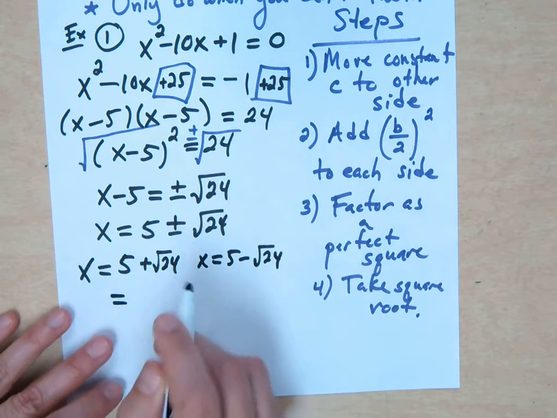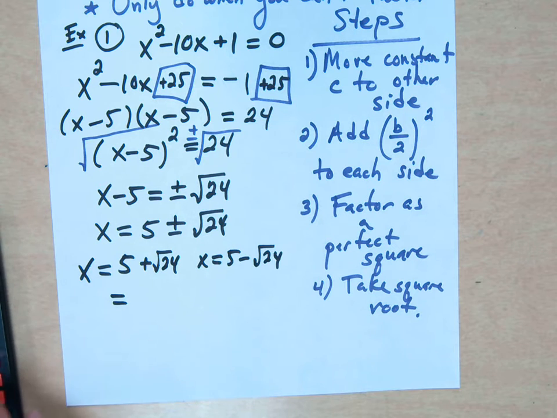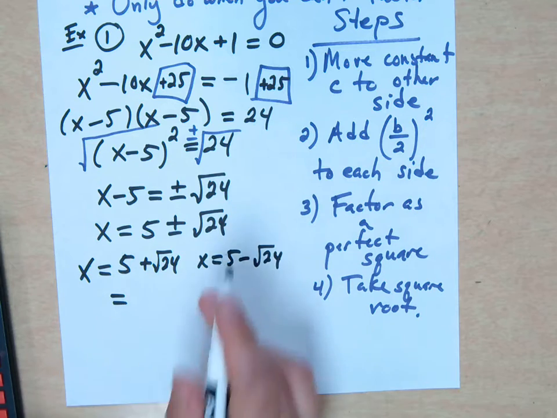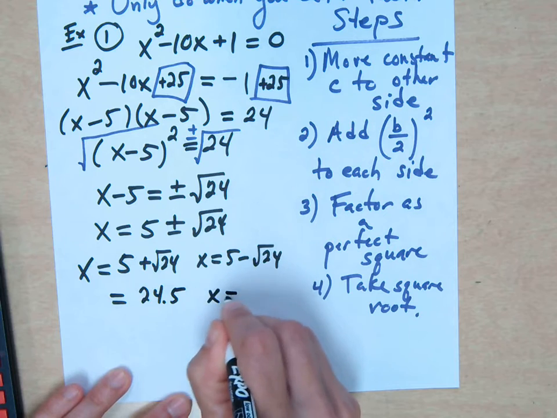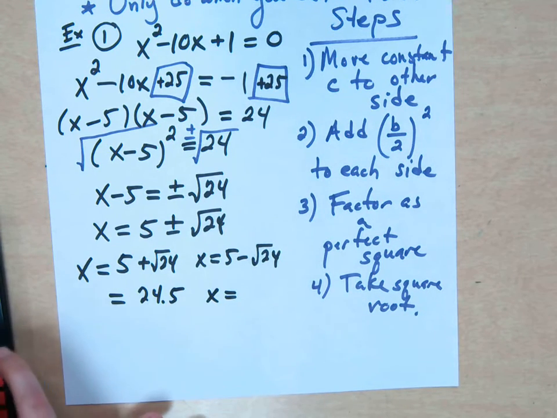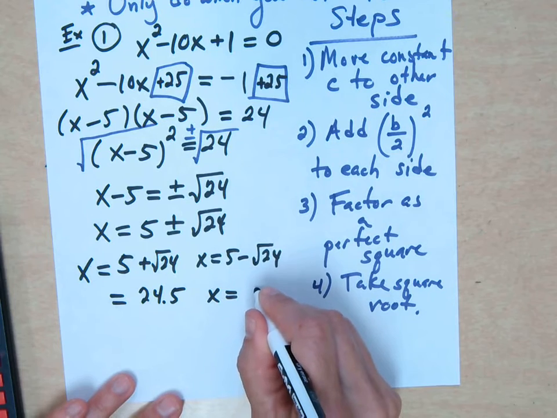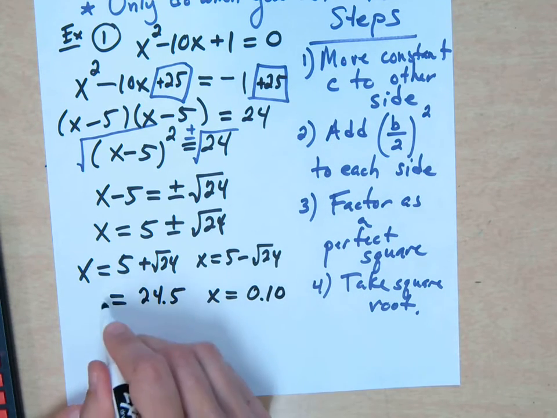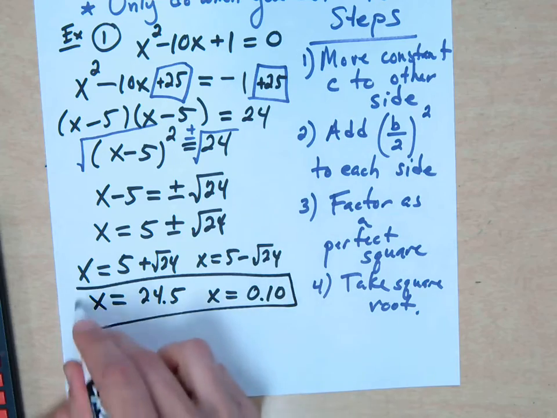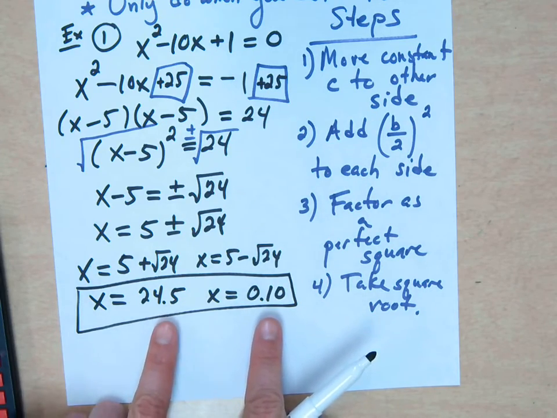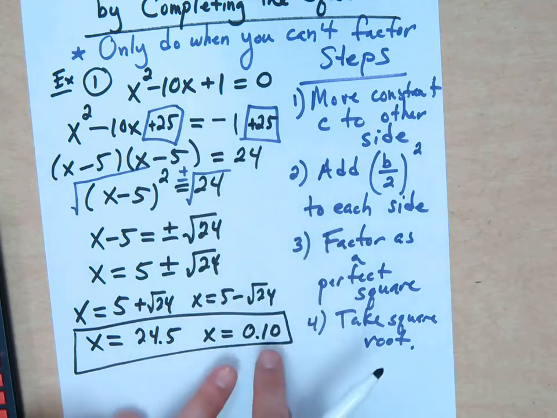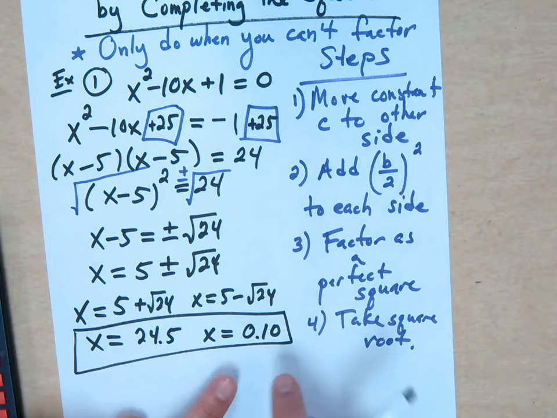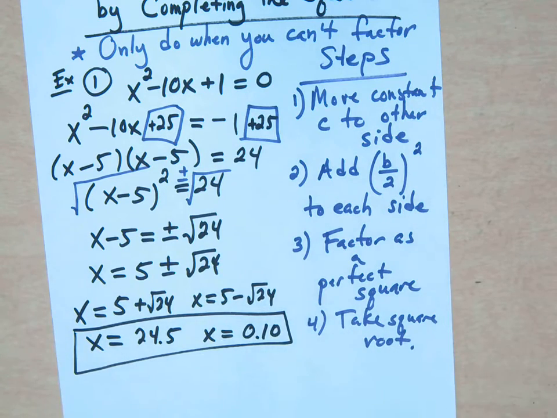So let's actually do that on the calculator. If I plug this in for x in the equation, I'll get 0, and if I plug that in for x, I will get 0. So that is the first example.